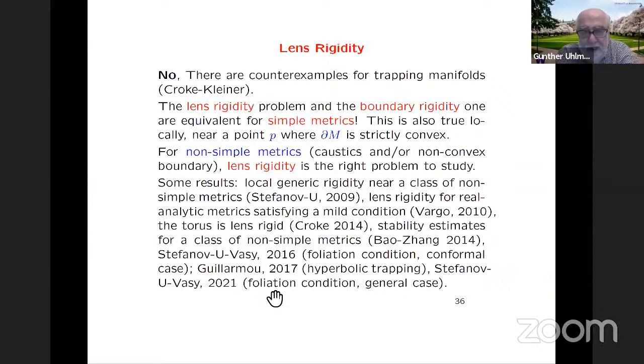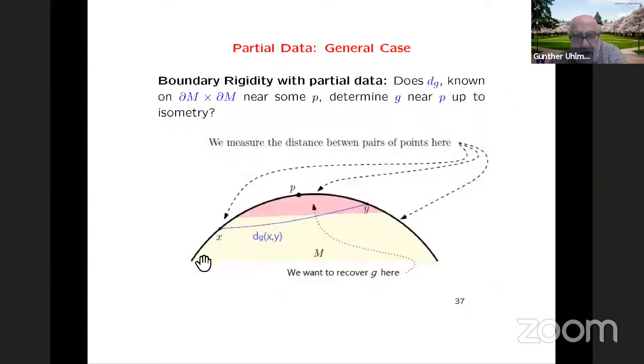So the idea is to first consider what's called the partial data problem. What is the partial data problem? You have information about the distance function only on a part of the boundary. Here we're not considering the scattering relation because locally near a point, given 2 points on the boundary, there is a unique geodesic joining them.